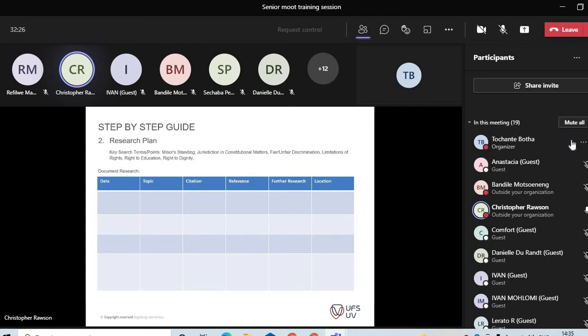So I set up myself a table like this that states the date that I started the research, the topic that I'm dealing with specifically, the citation. So a citation is really important because you want to have it with you as often as possible.